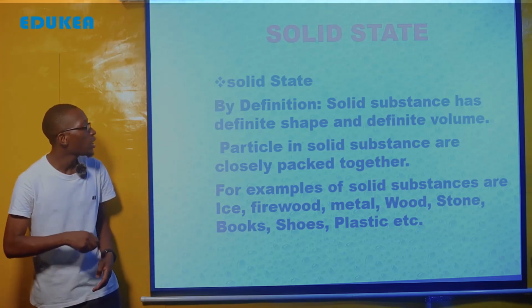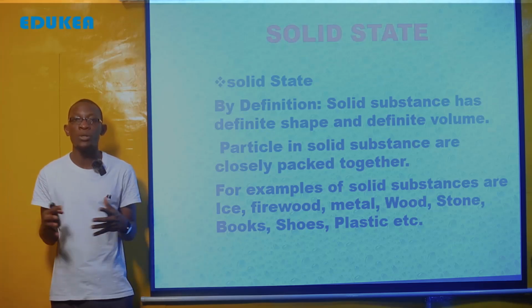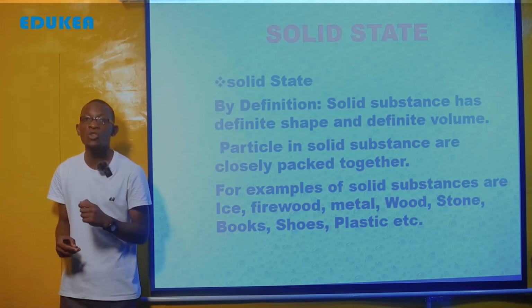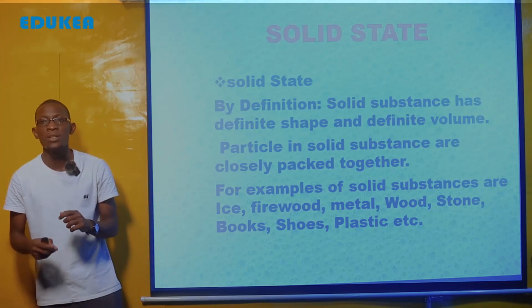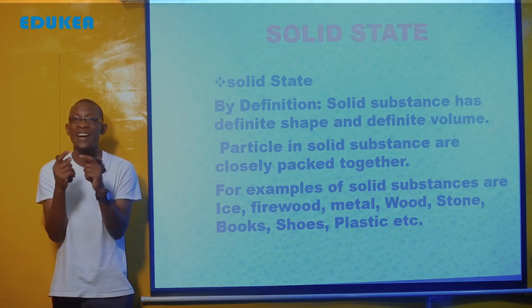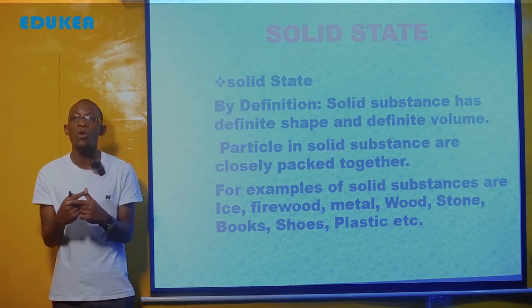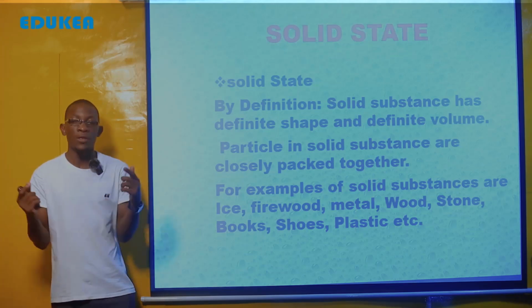Particles in solid substances are closely packed together, meaning the particles of solid substances are packed together, joined very closely. So one particle and another particle are in contact. That is the criteria of the solid state.